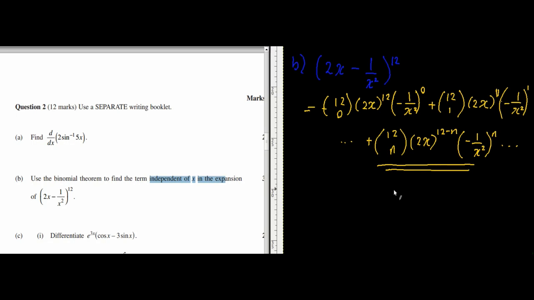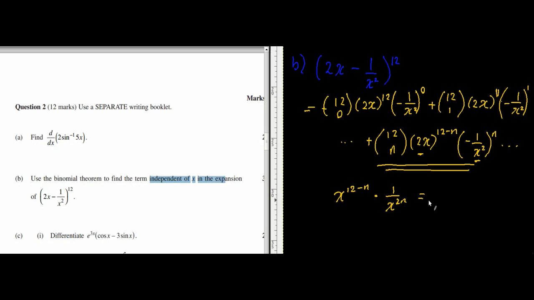Okay, I don't really bother with the last term, but anyway, this is the one that I was really after. So I need to find out when this cancels out with this x squared, right? Okay, so let me write down. I'm not going to worry about any of the constants, just the x's. So in a general term, I will have x to the power of 12 minus n multiplied by, now this x squared to the n, I can write 1 on x to the 2n, right?